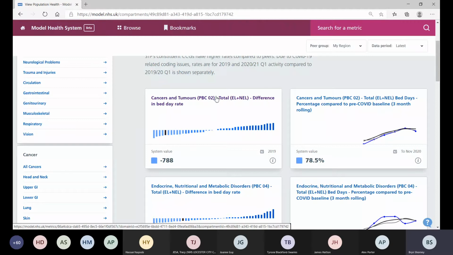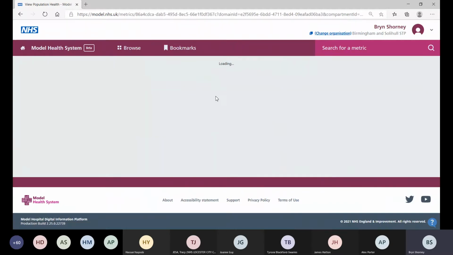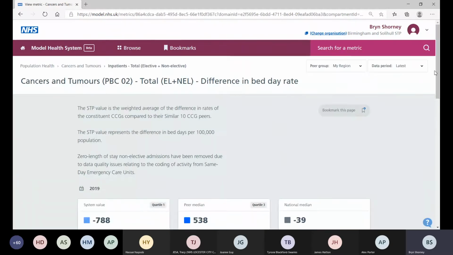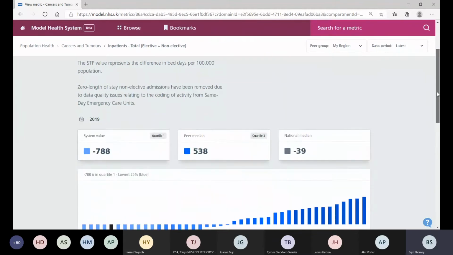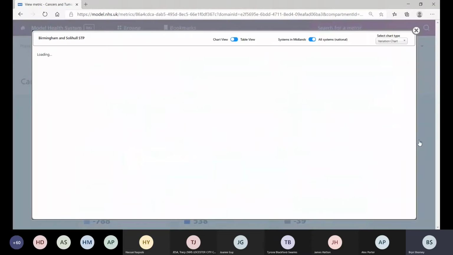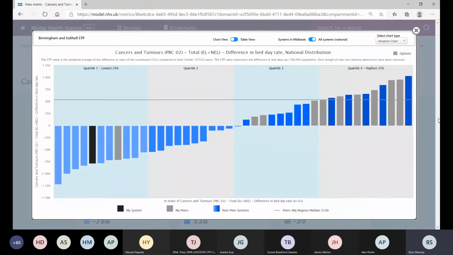So I'll just click into this indicator. What we've got here is an aggregation of the difference in bed day rates that the constituent CCGs have to their demographic peers.